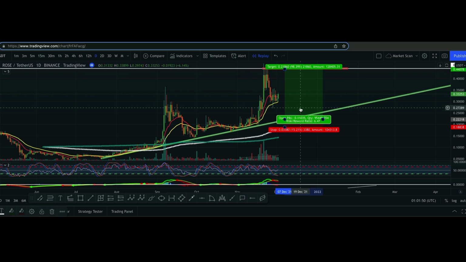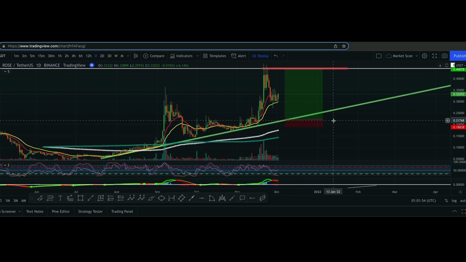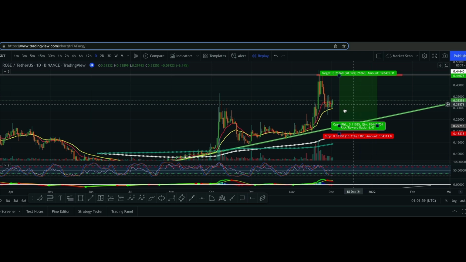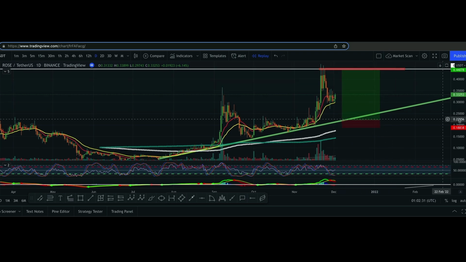So this is what you do. First things first, go into the position sizing calculator and input the entry and the stop and the take profit to make sure you know how much you're going to put into this trade. So the entry is 0.22218. Stop loss is 0.18838, and the take profit is 0.44078.